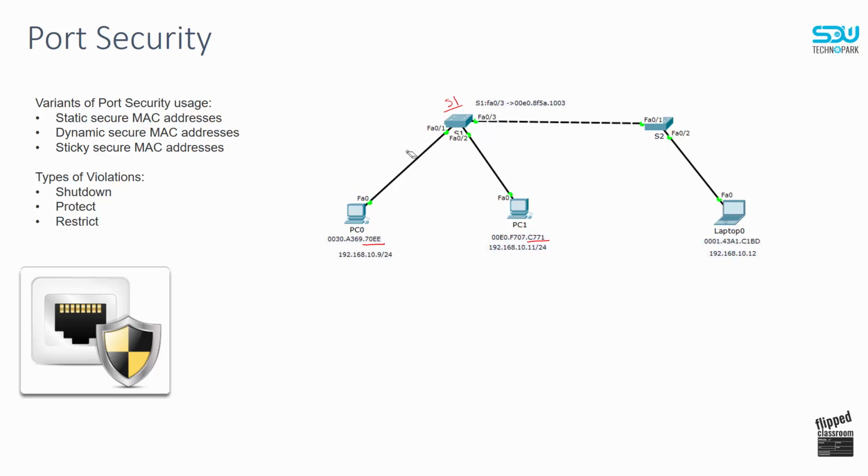But now I want to show you a scenario in which we will protect switch 2's FA01 port, and we will configure that switch port, the interface port FA01, so it will work only with this MAC address, and also with the MAC address of switch 1's FA03 port.